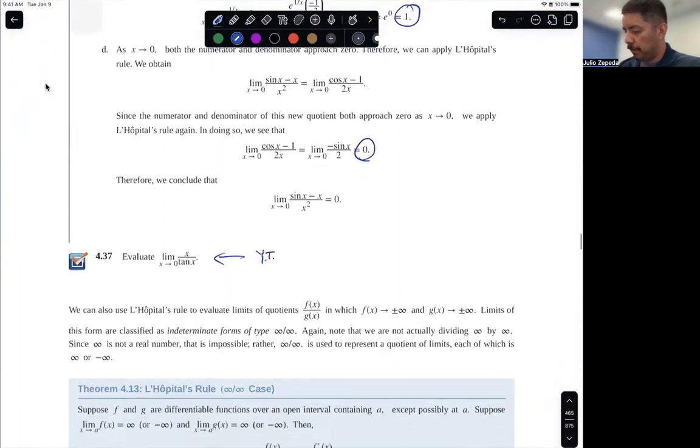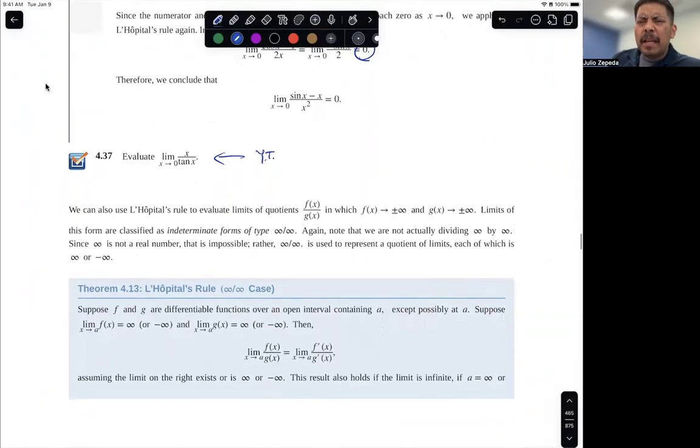That's L'Hopital's rule. So is 0 over 0 the only indeterminate form? The answer is no. There are other indeterminate forms that we can use L'Hopital's rule for. And here is the other case, the infinity over infinity case. So let's see what it says. We can use L'Hopital's rule to evaluate limits of quotients f of x over g of x, in which f of x approaches positive or negative infinity, and g of x also approaches positive or negative infinity.